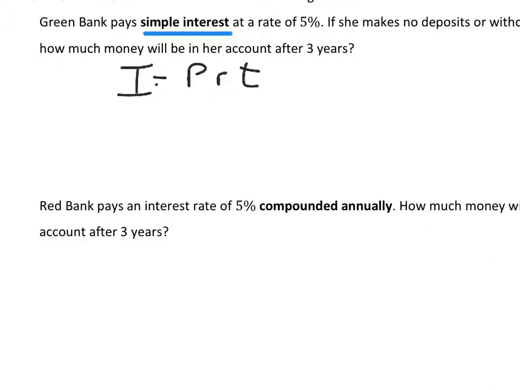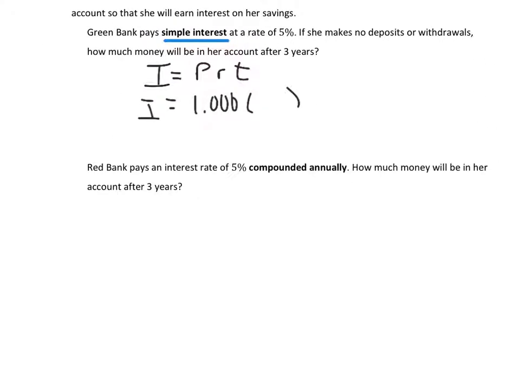So the interest, I don't know. The principal is that she saved $1,000. The rate at which she's saving is 5% as a decimal. And how long will she be saving it? For 3 years. So pretty simple problem from way back in 7th grade. We should get the I, once we put this in the calculator, is $150.